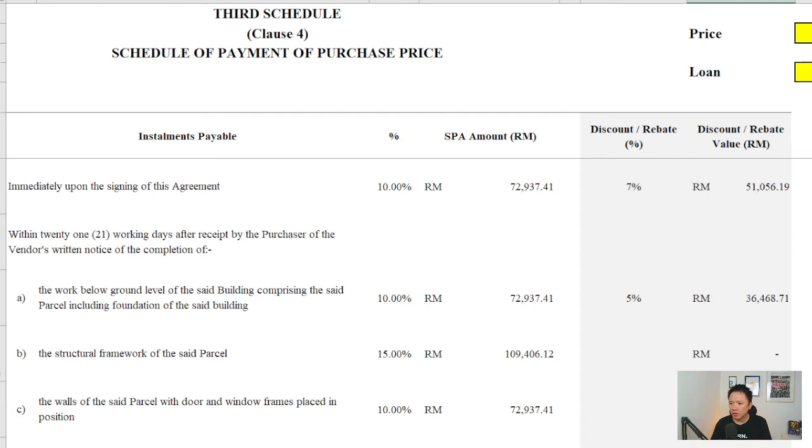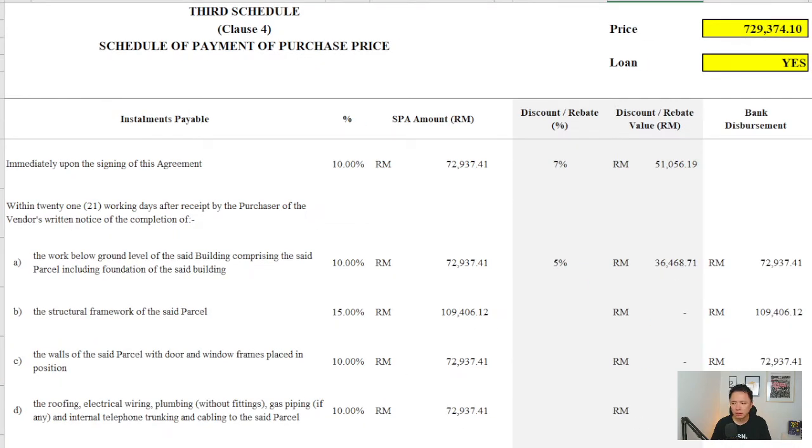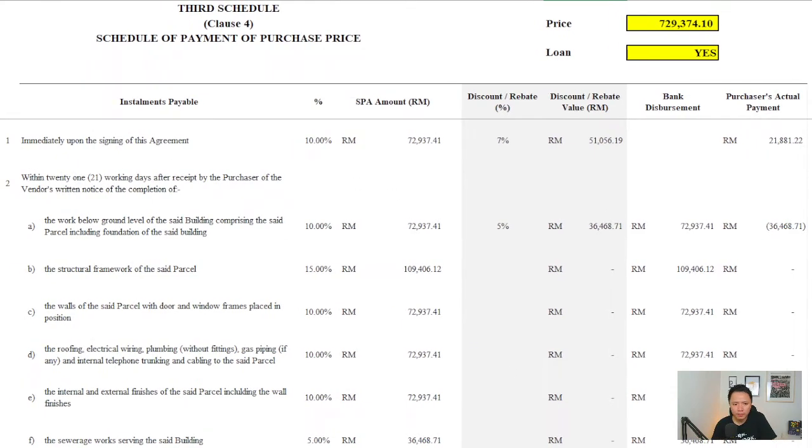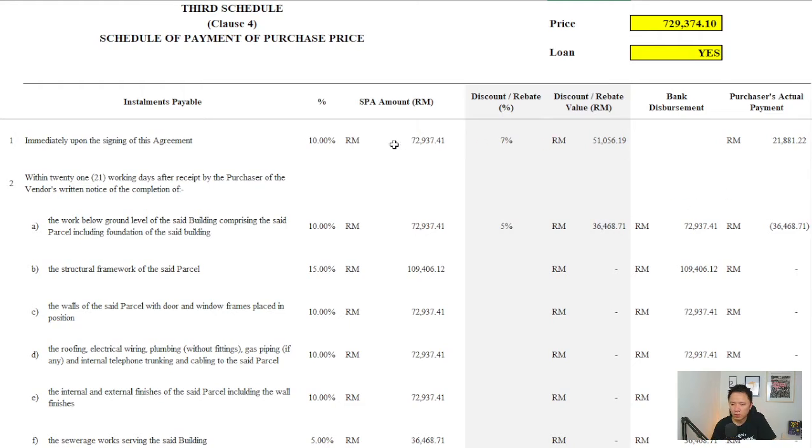So when you get a loan from the bank, the first 7% is actually discount, which initially you're supposed to pay 72,000, but because there's a 7% discount, at the moment when you sign the sales and purchase agreement, you have to pay 21,000.